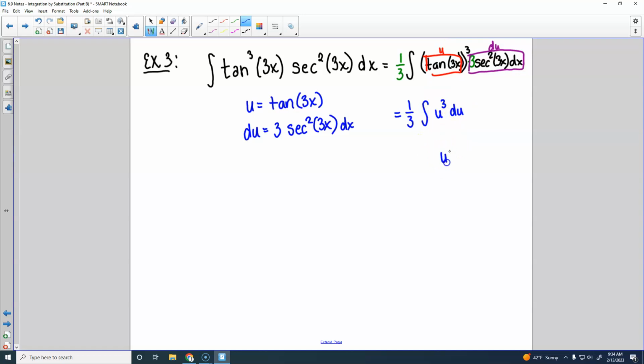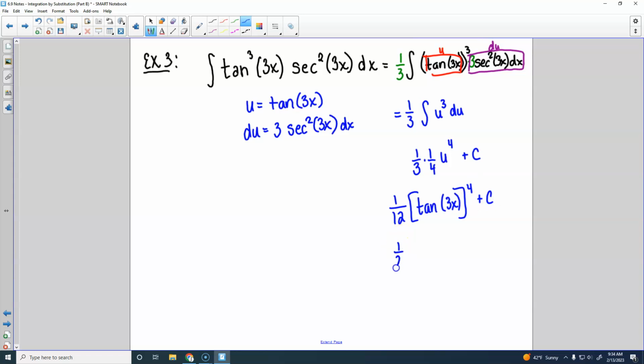So we're going to have u to the 4th power. Got the 1/3 out front. We're going to do 1/4 right here, plus c on the end. So we will end up with 1/12. When we're plugging back in, it's going to look like this: tangent of 3x to the fourth power plus c.